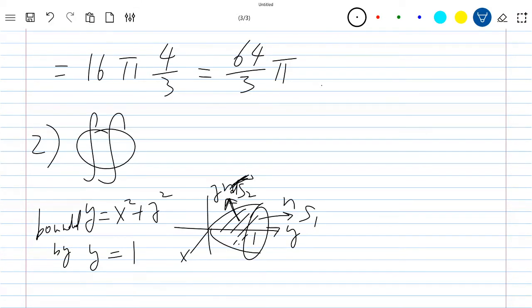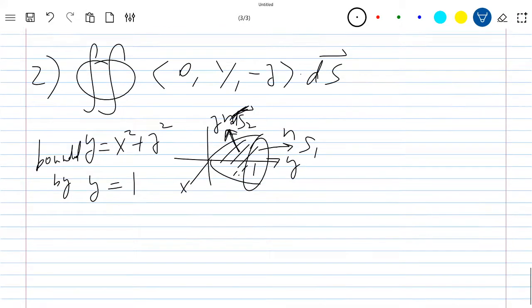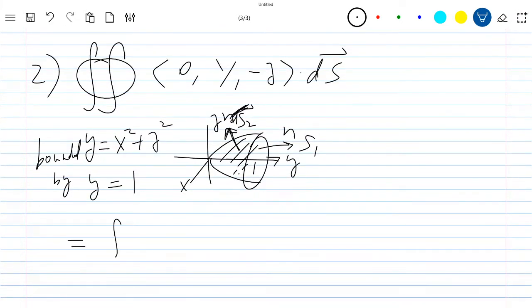So let's find out the integral over this surface of (0, y, negative z) dot dS. So it has 2 parts, so let's do it in 2 steps.